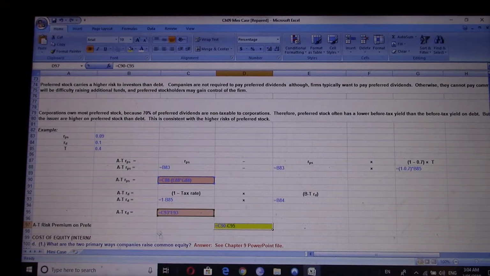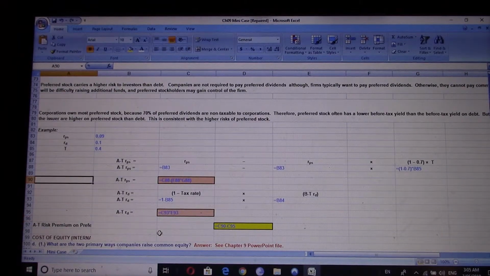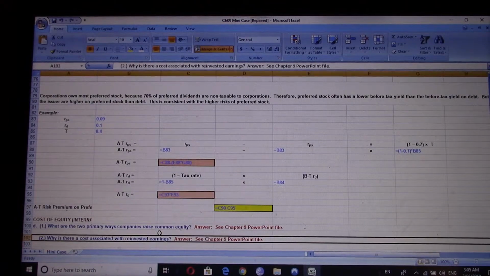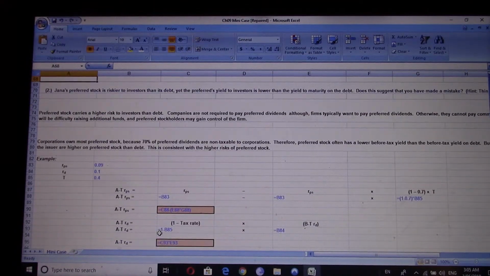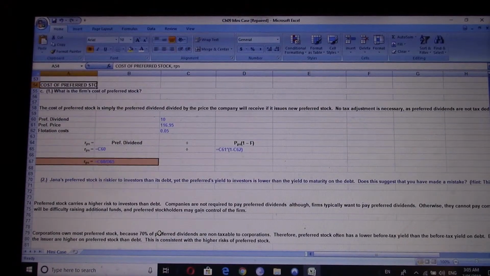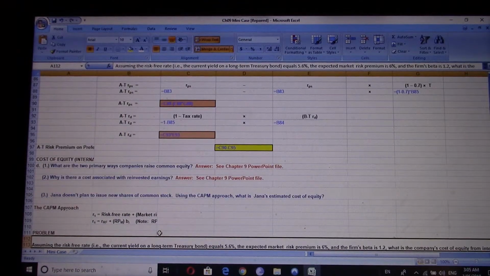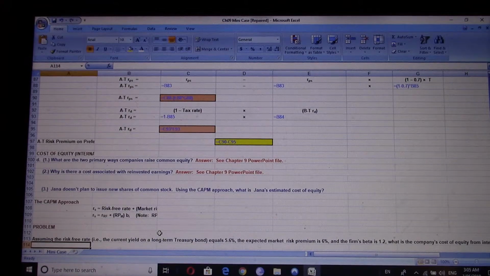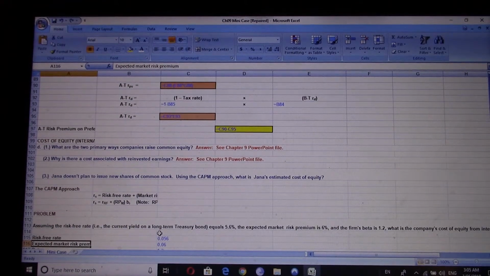It will give you the difference to get the risk premium on preferred stock for this one. This is the second part of C. Okay, let me just stop here and I will continue working on this case study in the next video.